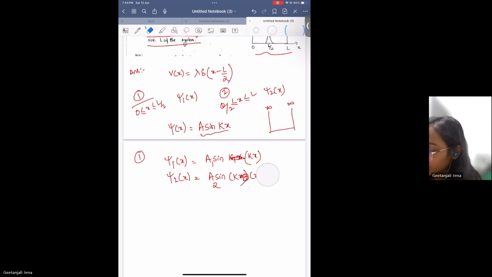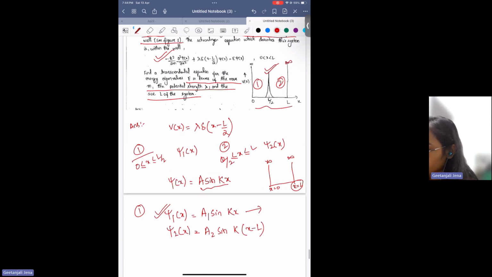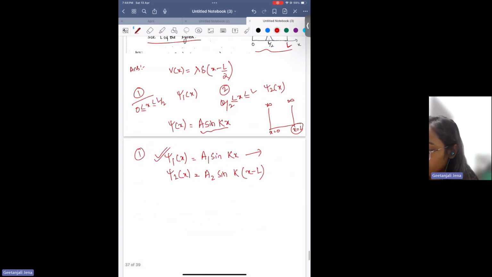Wait, let me clearly write it down. So this will be A1 sin kx and this is A2 sin k(x minus L). I have taken psi1 as A1 sin kx so that for x equal to 0 it should be 0. If you put x equal to 0, psi1 vanishes. Now for x equal to L, psi2 should be 0, right? Because it's an infinite potential, the wave function should vanish.